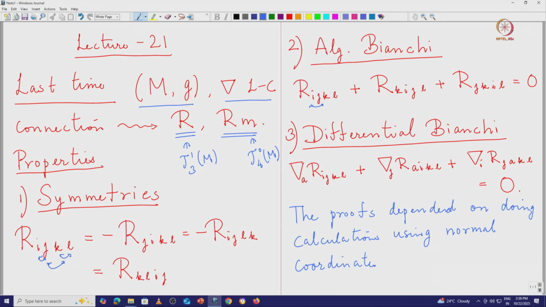Right, just to remind you, these are coordinates where at that point the metric is the Euclidean metric and the derivatives of the metric components all vanish, but again it happens only at that point.